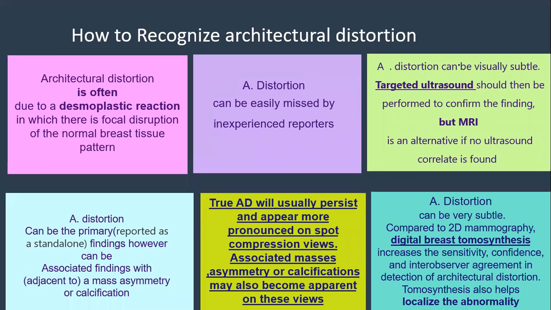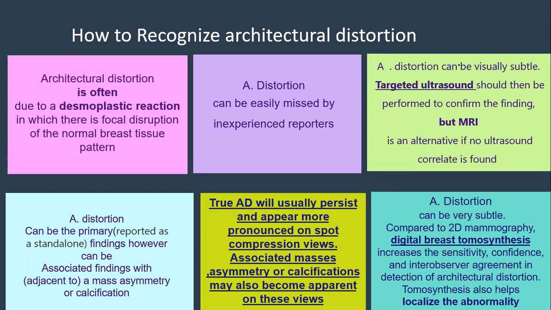Architectural distortion can be reported as a standalone abnormality, the only finding, or can be associated with other findings like a mass adjacent to it.